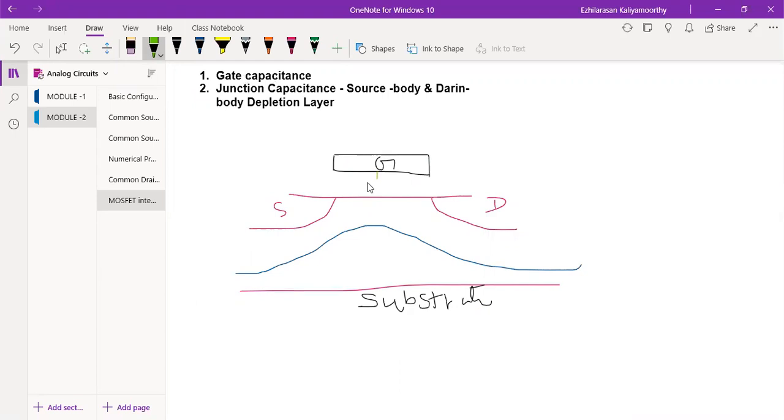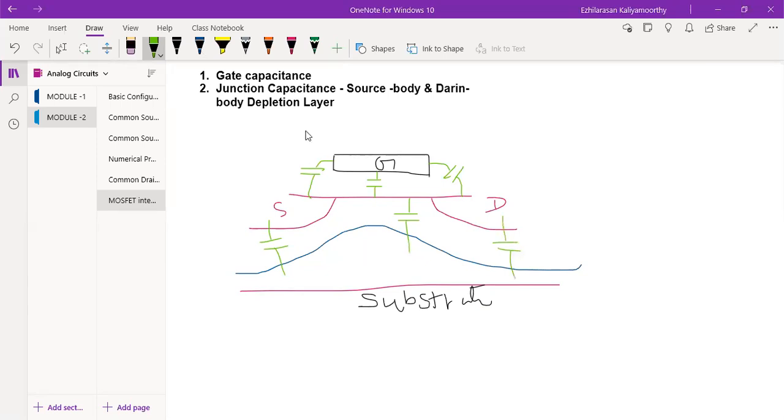Here we have one capacitance, then here one more capacitance, then here one more. Then from here one more capacitance, and here also we may have one capacitance, and here also one capacitance.